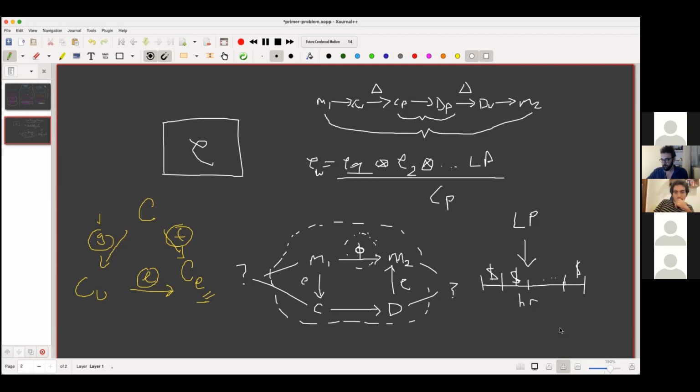On the other hand, the arrow from M1 to CW, there's only a certain amount of things that you can buy with M1 amount of money. It's much more restricted than what you can do with CP. So is the arrow from CP to DP the site? Is that where we position the site in this process?